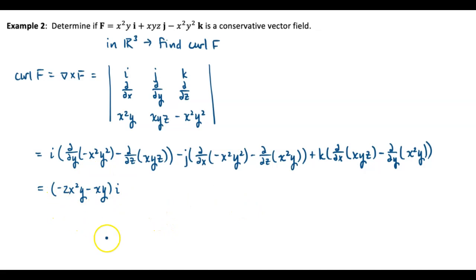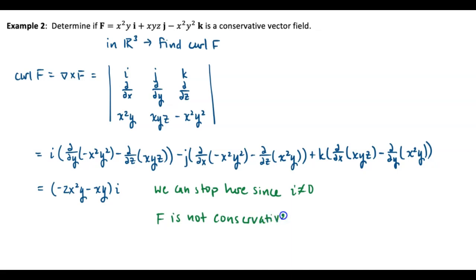And so because this does not equal 0, we can stop here, since our i component is not equal to 0, and determine that F is not a conservative vector field. And this is our conclusion.